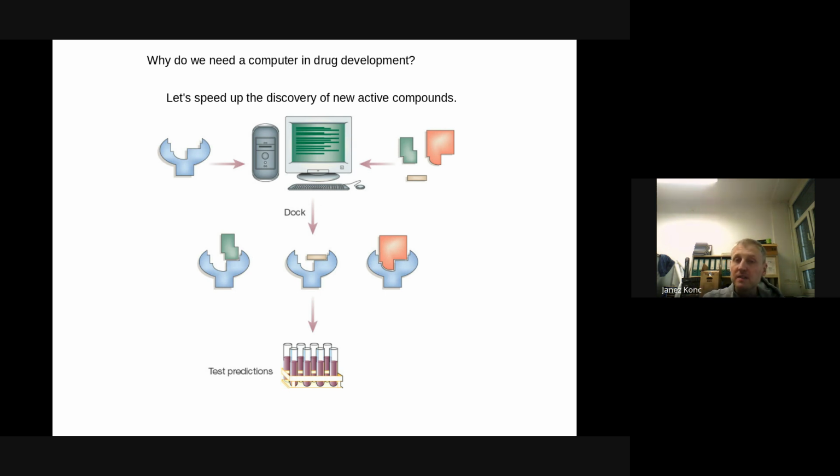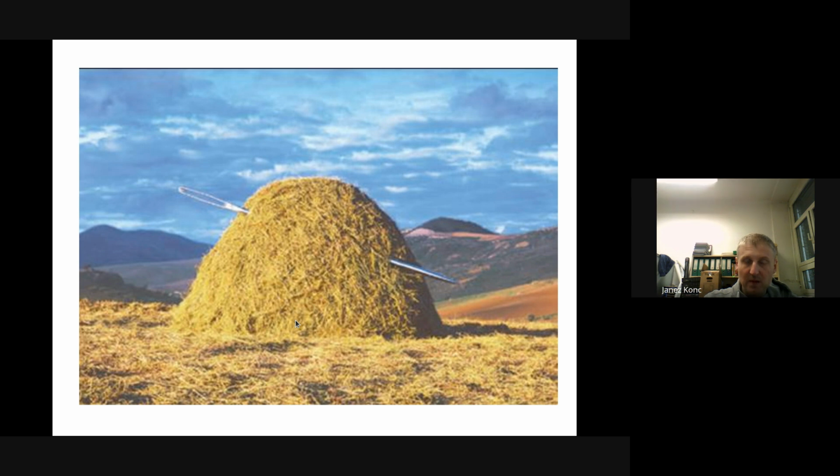And the purpose of this computational work is to reduce the number of wet lab experiments which are costly and time-consuming. So we want to minimize this as much as possible using a computer and give just a couple of predictions that are easy and quick to test. So finding a new drug is a difficult task.